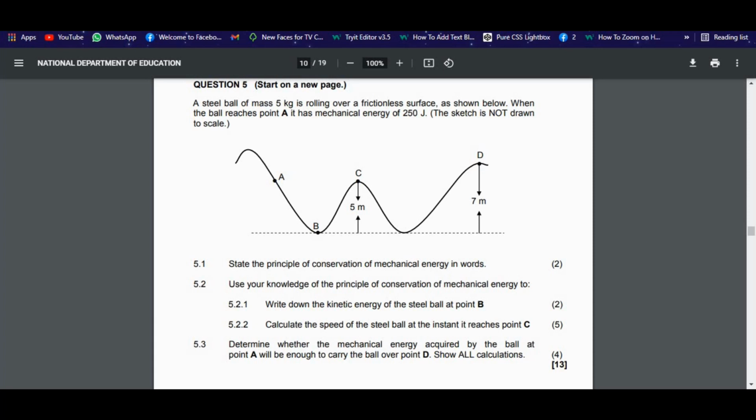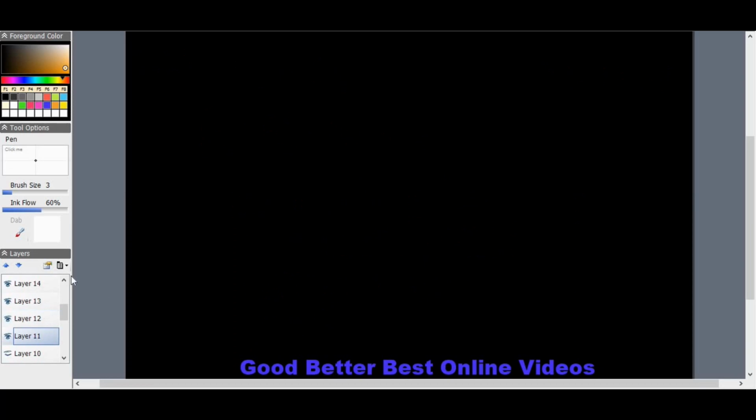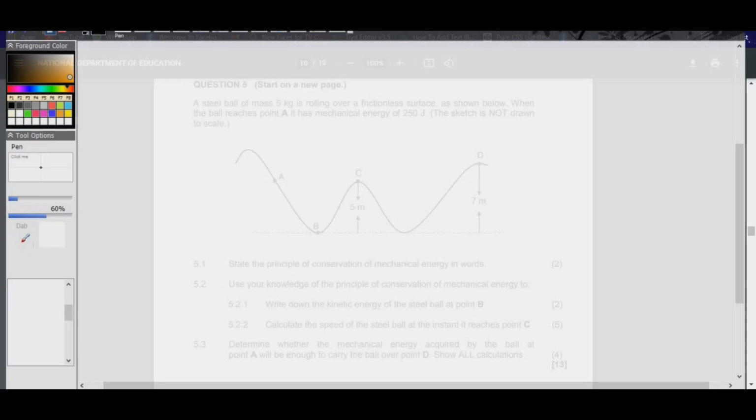Because they ask us to show the calculation, we don't have to write it out or use English words to determine that. They just want us to show the calculation. So we'd use mechanical energy at point D, which must be equal to EP at point D plus EK at point D. If we look at point D, we know that's 7 meters above.